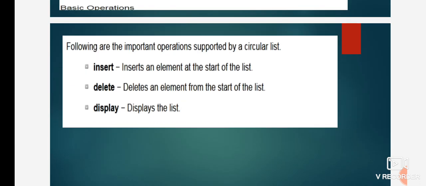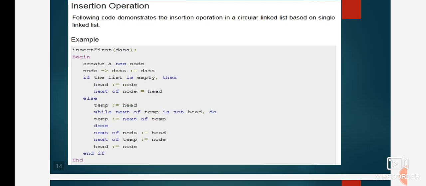So here, the basic operations are the same: insert, delete and display. The symbolic C representation of the insertion operation is: insert first data, begin, create a new node with data. Then if the list is empty, the head node is assigned.